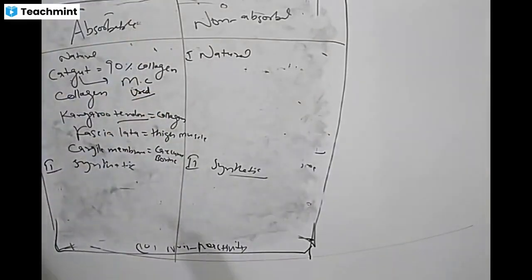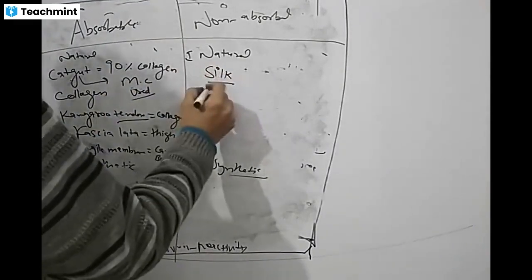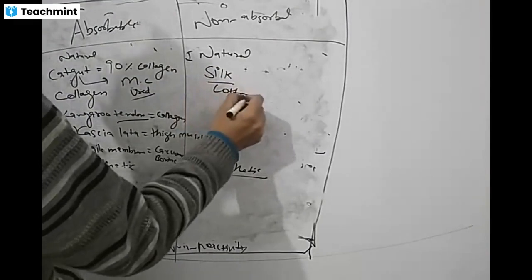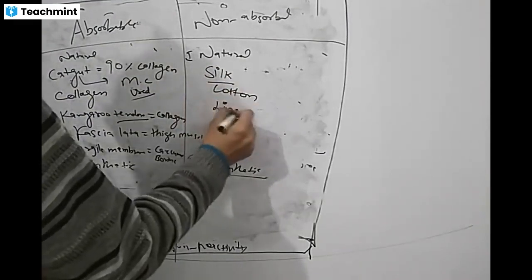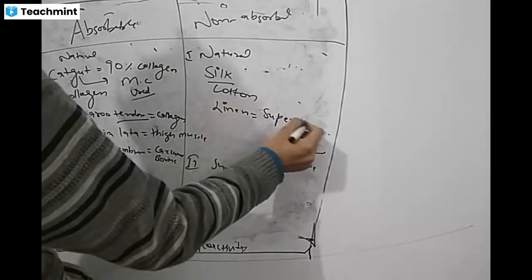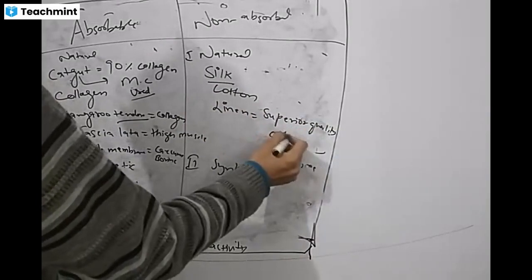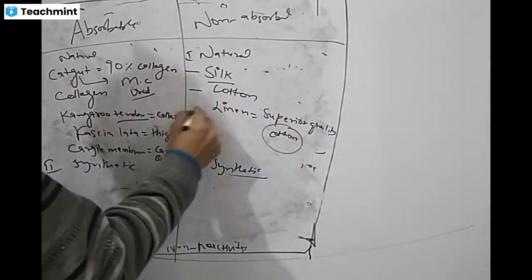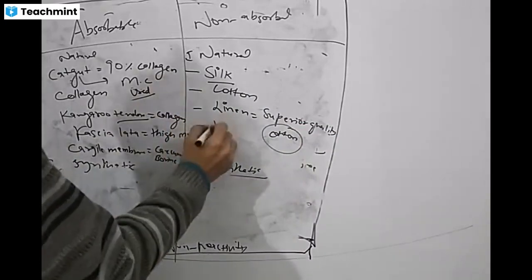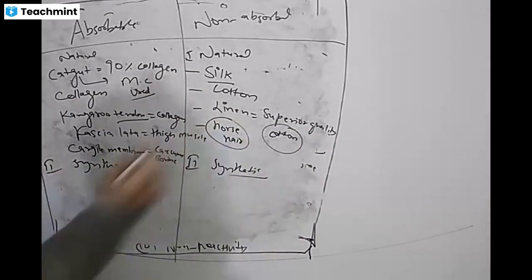On the non-absorbable side, we have silk, cotton, and linen. This is a superior quality cotton. It is also a cotton. So first is silk, cotton, linen, and the last is horse hair.